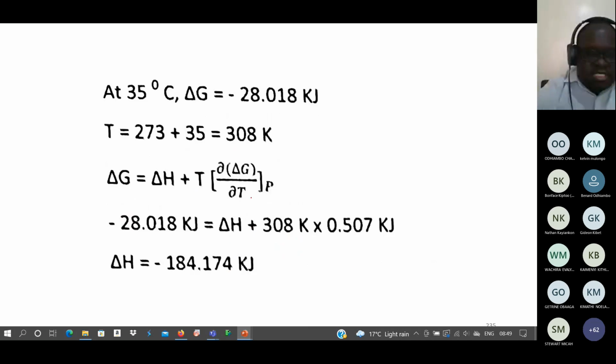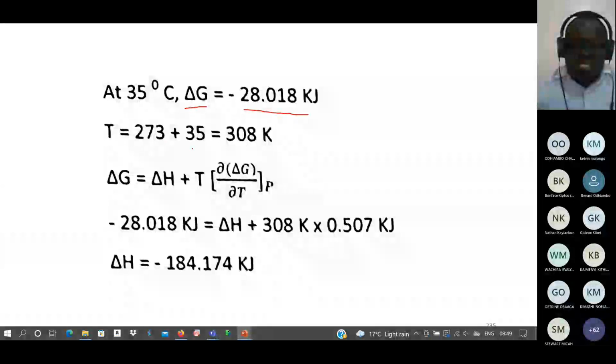Now at 35 degrees Celsius, delta G is given by this. The T is, of course, 35 plus 273, that is 308 Kelvin. So here delta G equals delta H plus T times the change in delta G with temperature at constant P. We know the value of this already.